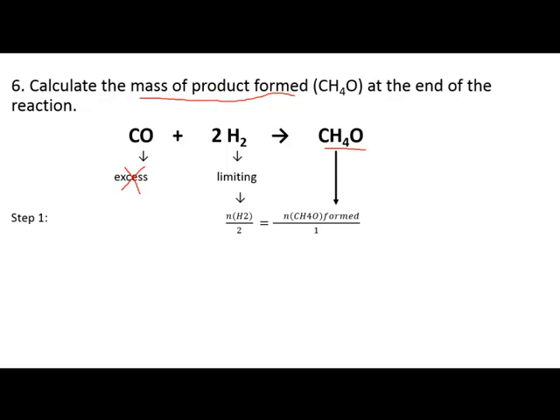We use the value of the limiting reactant since it is completely consumed. Then, to find the number of mole of the product formed, we calculate it in reference to the limiting reactant.